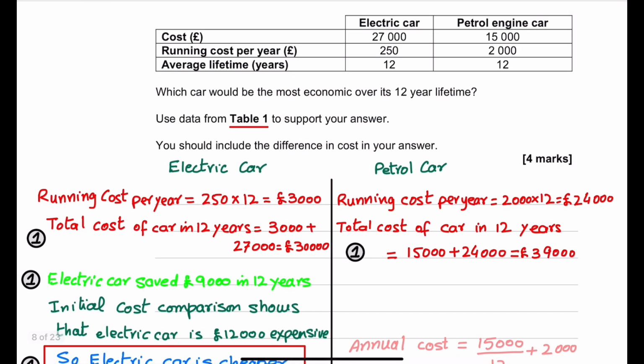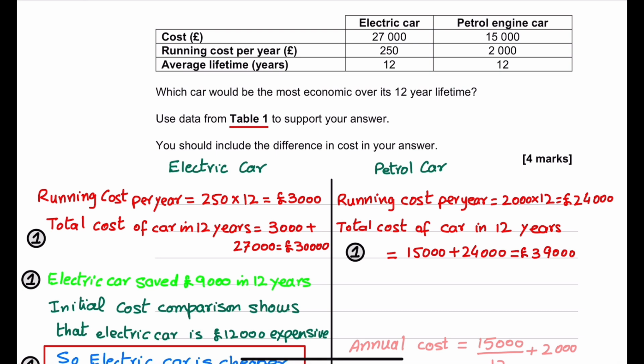We know that the running cost per year is 250, and for 12 years for the electric car it is 3000. The total cost of the car after 12 years is 3000 plus the initial cost which is 27,000. The total cost after 12 years is 30,000 pounds.